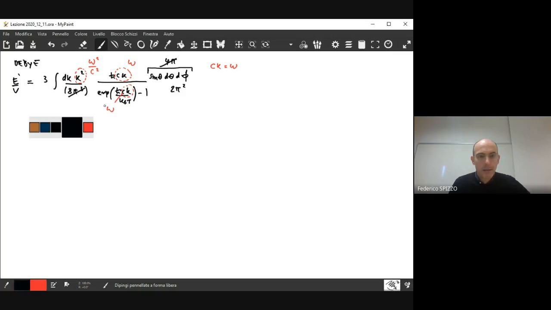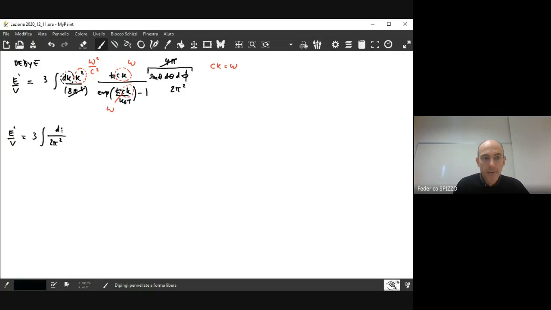So if I reintroduce omega into this expression, the energy per unit volume is equal to, and I also make the change of variables here. I switch the integration over dk to an integration over omega. So I have the (2π)^2 at the denominator.